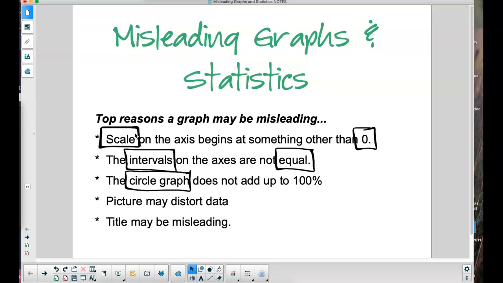That seems really silly, but I'll show you a graph where that is true. It may be a pictograph, and the pictures may distort the data, so it may look like something other than what they're trying to tell you. And then finally, the title might be misleading.